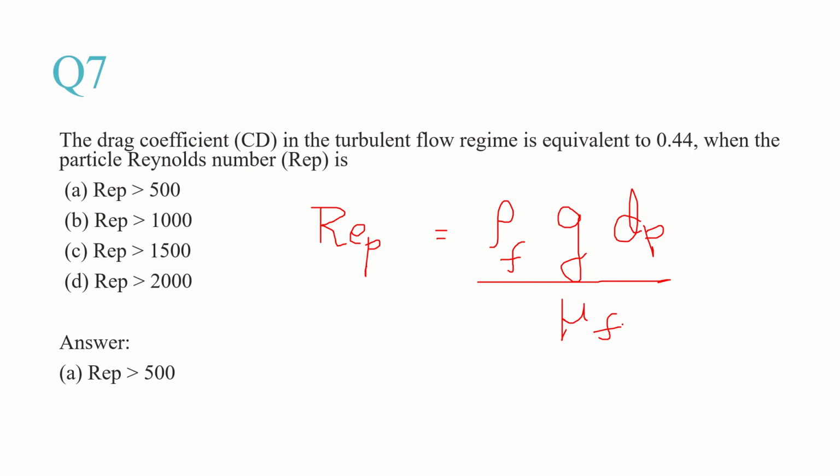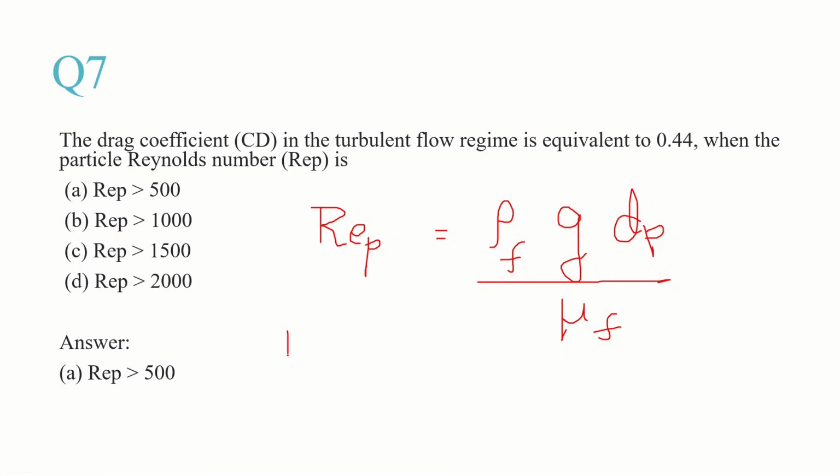The particle Reynolds number Re_p is given by rho_f times g times d_p divided by mu_f. In general, for flow through a cylindrical pipe, we use the diameter of the pipe, so that is the flow Reynolds number. Here the particle Reynolds number is given by rho g d_p by mu, where d_p is the diameter of the particle, rho is the fluid density, and mu_f is the fluid viscosity.